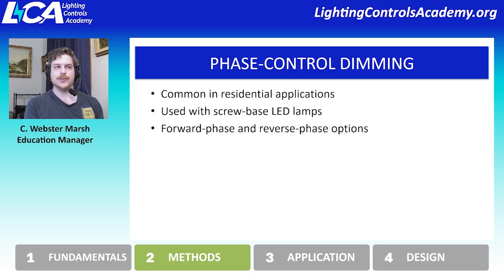It's also referred to as forward phase or reverse phase, or a number of other terms for what this is talking about, but typically with LEDs we see reverse phase, if you're drilling into it, being the better choice for phase control of LEDs. And again, making sure that compatibility there is critical to the success of the project.